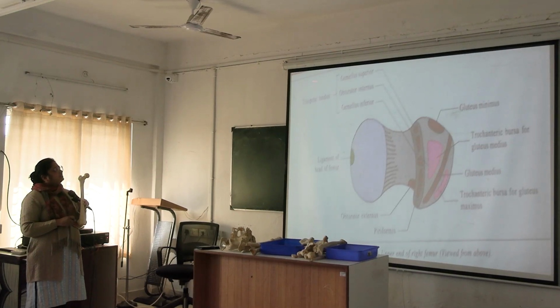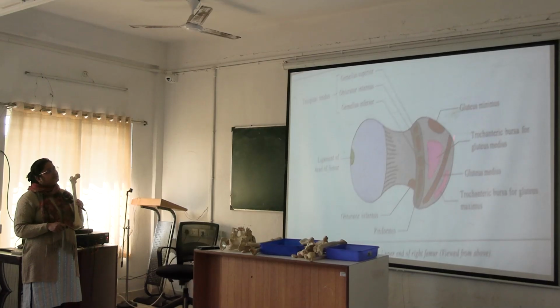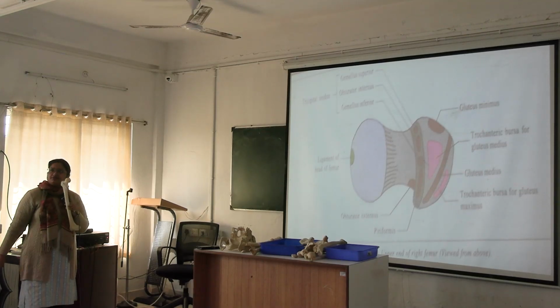They are forming the tricipital tendon, and here in the trochanteric fossa, obturator externus. And this is the anterior surface. Here is the gluteus minimus. On the lateral surface, oblique ridge, gluteus medius, and the rest of the area is covered by bursa, the trochanteric bursa for gluteus medius. Here is the trochanteric bursa for gluteus maximus.